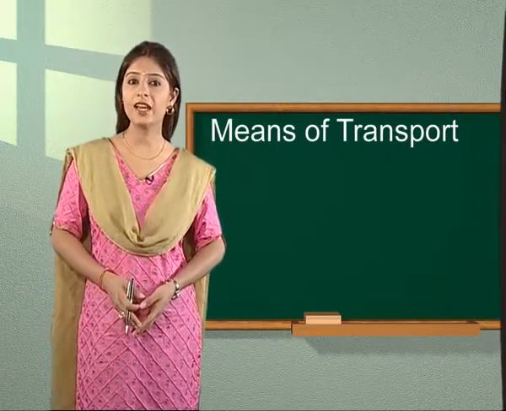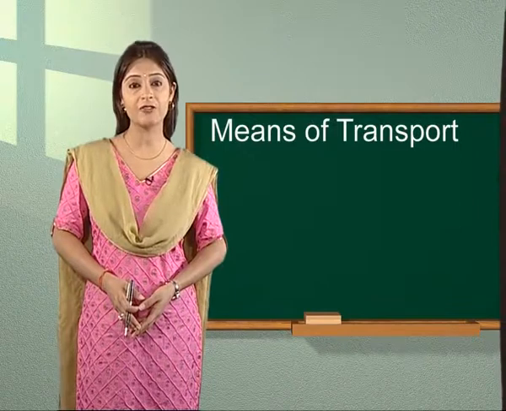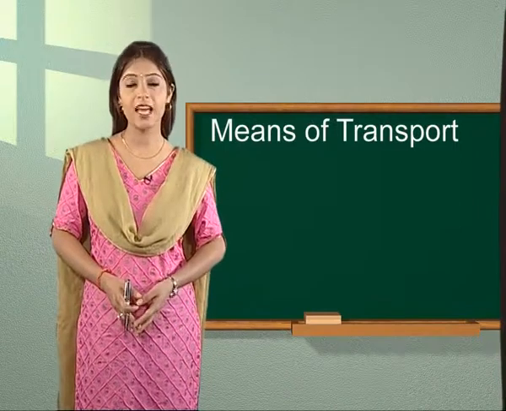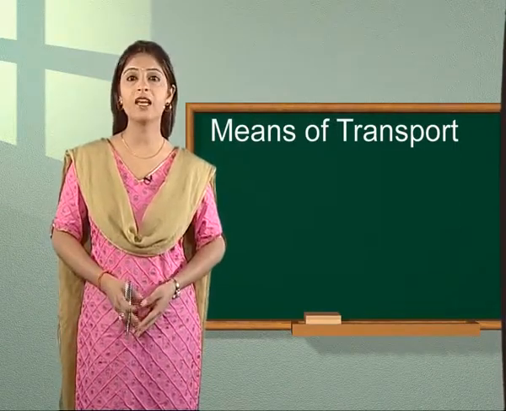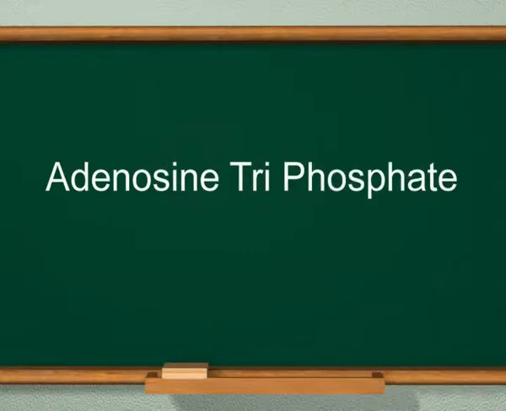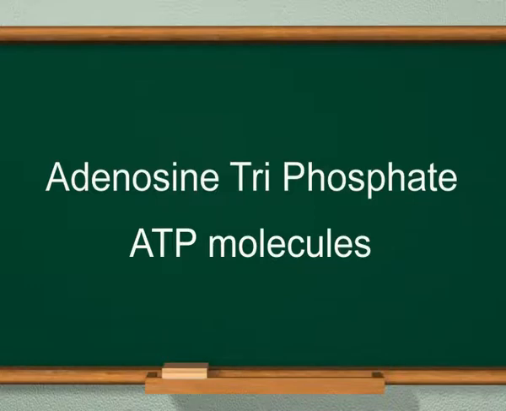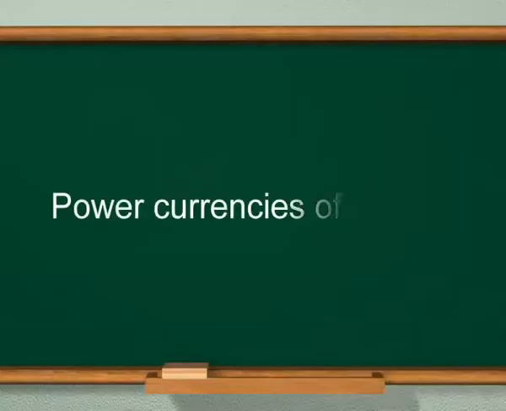Do you know where the energy required for active transport comes from? The energy is derived from adenosine triphosphate molecules, that is ATP molecules, which are known as the power currencies of the cell.